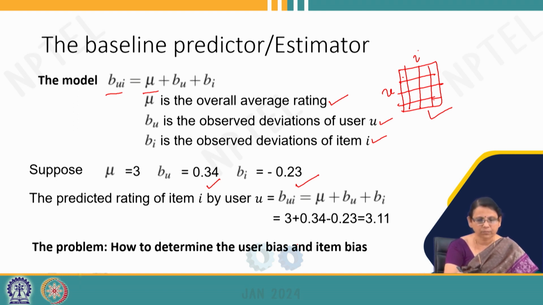Therefore, the predicted rating as per this model will be 3.11. Now, the next question is, for mu it is fine, we can take the average, but how do we estimate the biases with respect to user and item? That is what we are going to look at in the next slide.